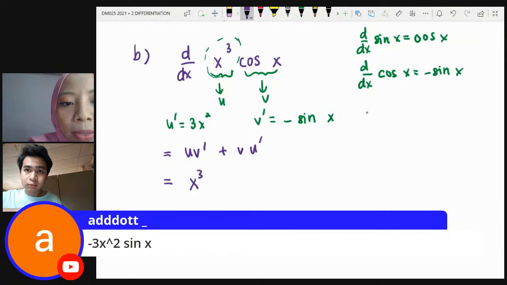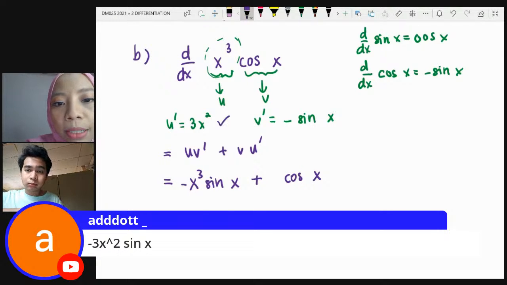Your v prime is negative sine x, plus your v, which is cos x, and your u prime is 3x square. I put it at the front. So for the answer, you rearrange a little bit, with the negative put behind.